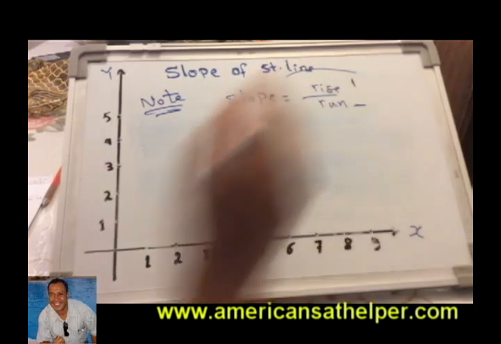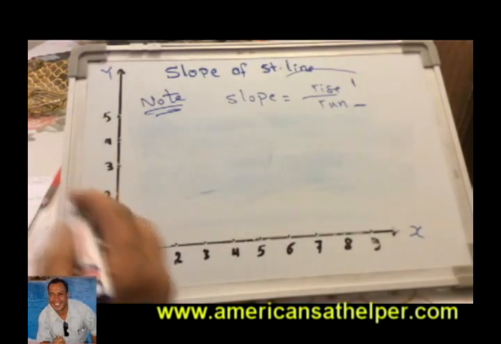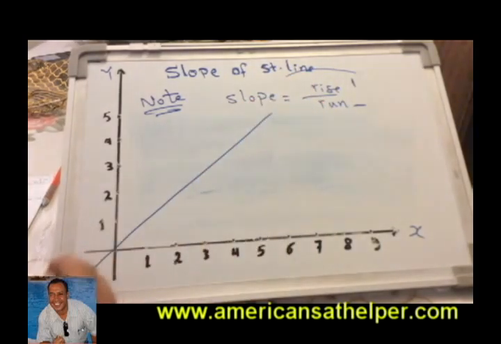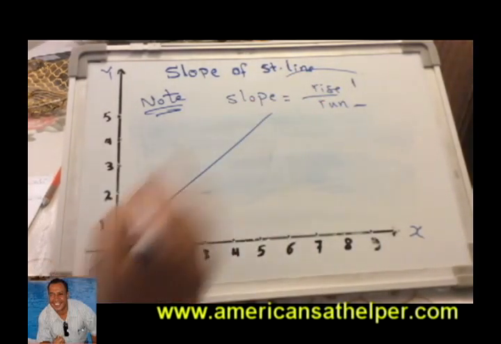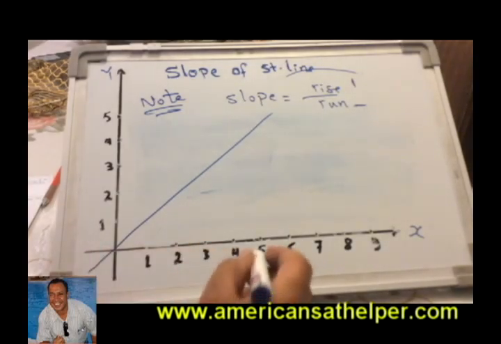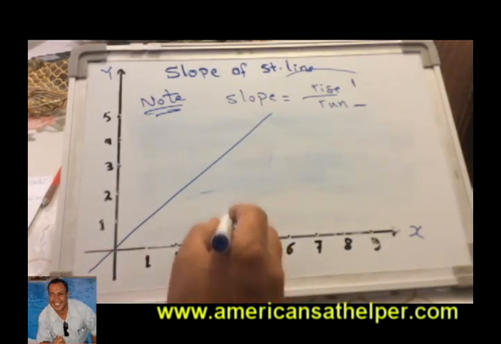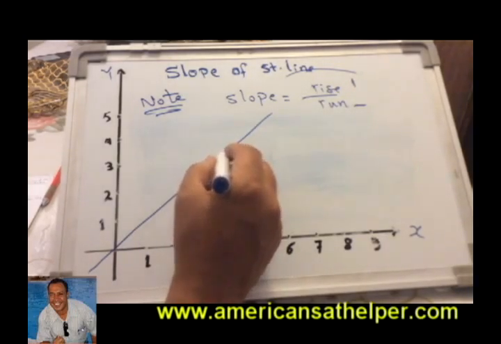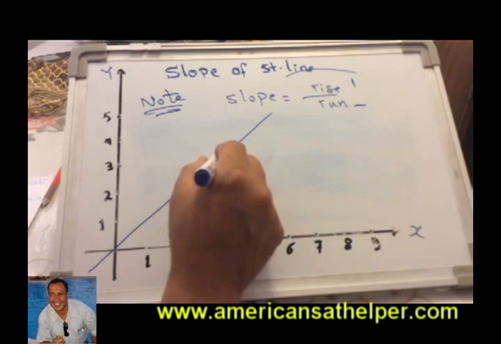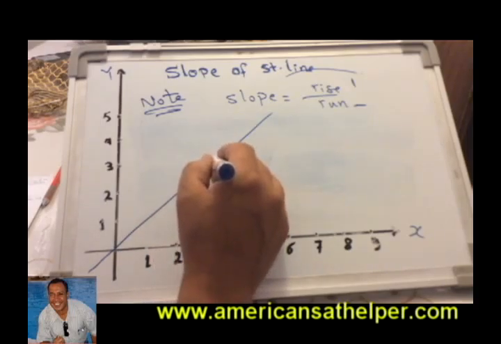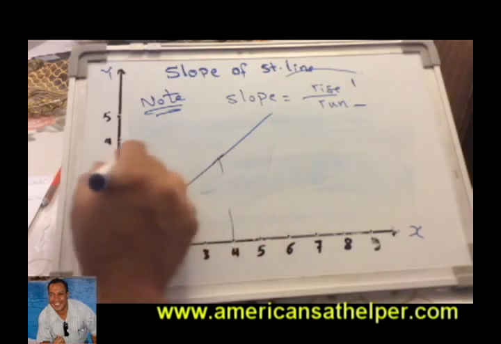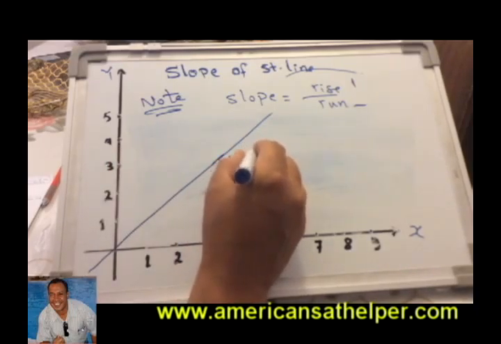The run is the horizontal line. What if we have a straight line passing through the origin? If we have a line passing through the origin, and we have a point like this, say (4, 3), x is 4, y is 3.